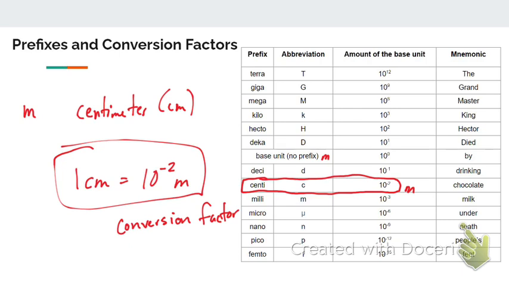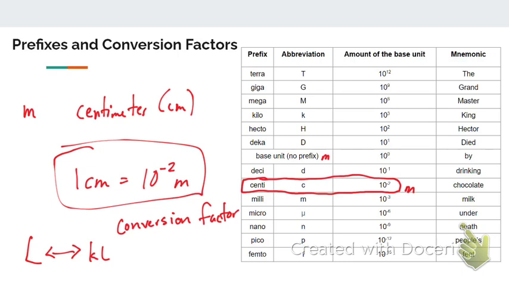Let's do another one, just for more clarification. Let's say we want to convert between liters and kiloliters.